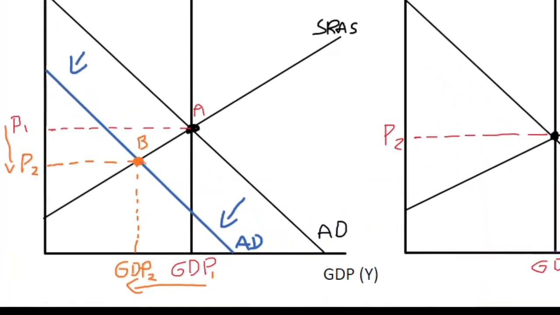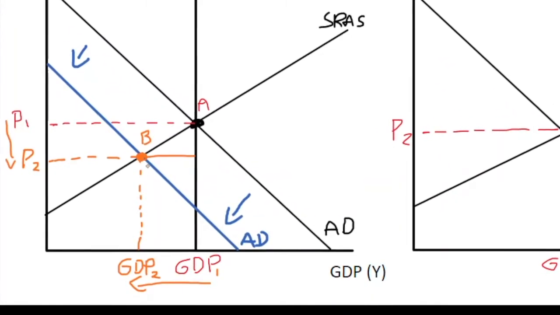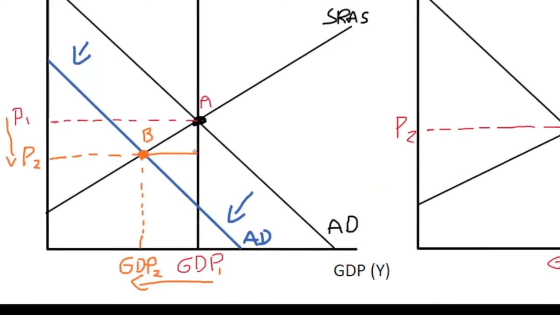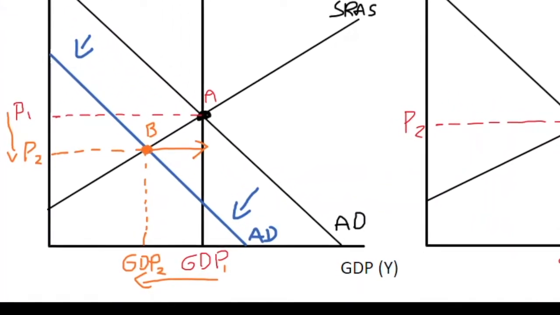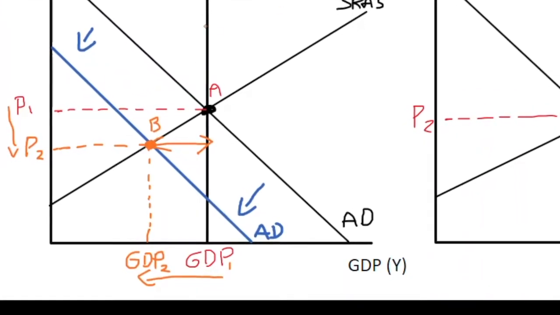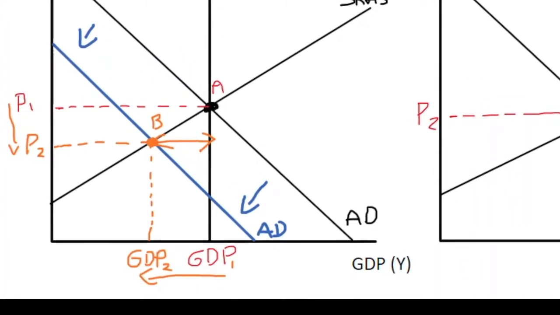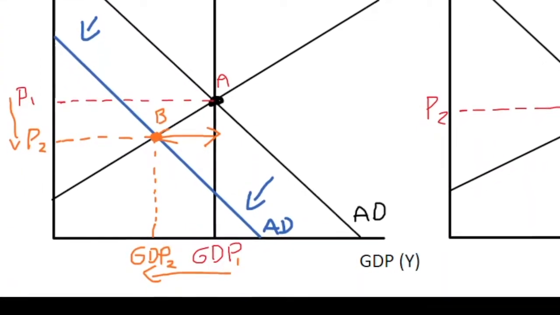The difference between actual output in the short run, which is at point B now, and potential output, which is measured by the long run aggregate supply curve, is what we call an output gap in general, and specifically when it falls to the left hand side, it's called a recessionary gap.